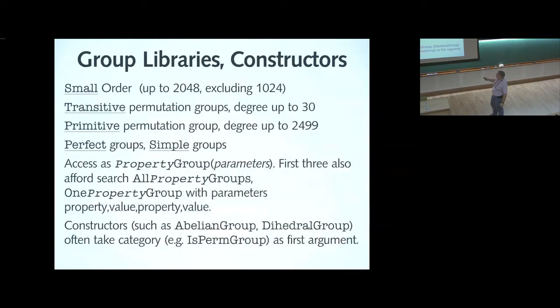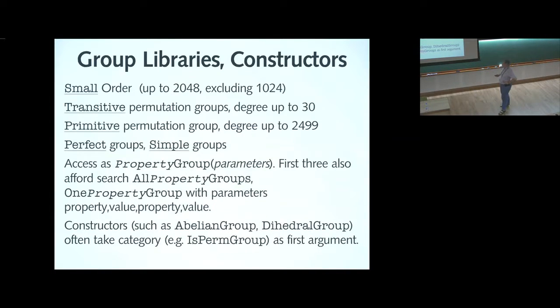Primitive group, there would be the first parameter, the degree, say 10, comma, and then a number, which is the number in the library, or small group, order 64, comma, number 15. And these libraries guarantee that the numbering is stable, and this is a numbering other systems also use, so these numbers one can use in a paper and refer to them.